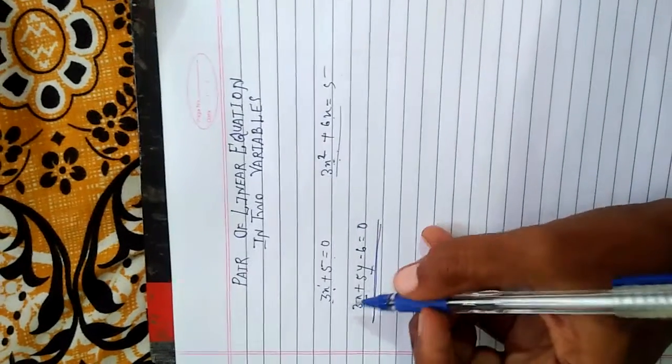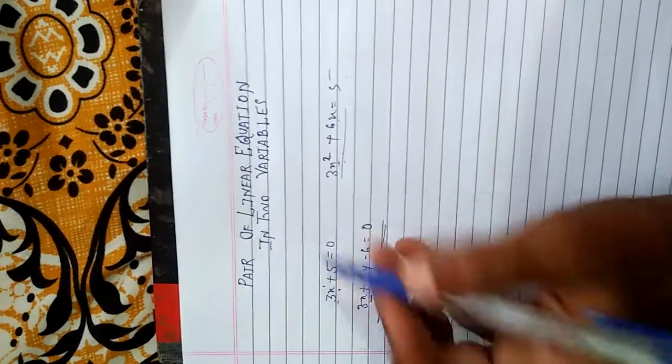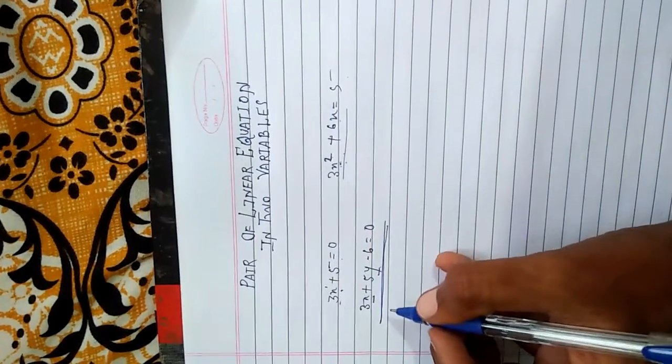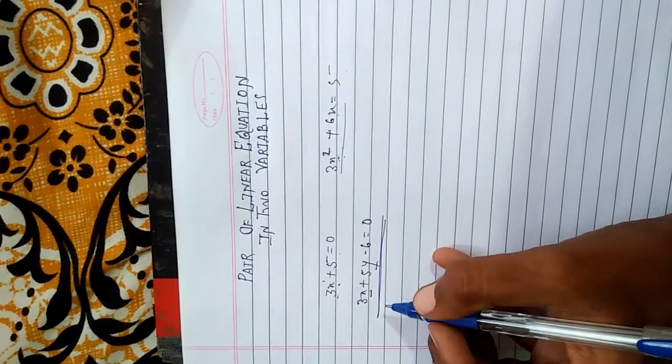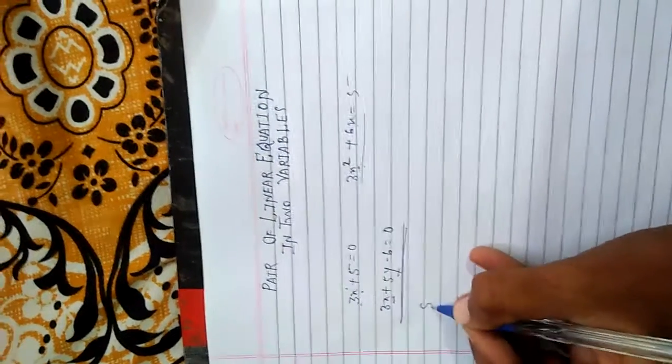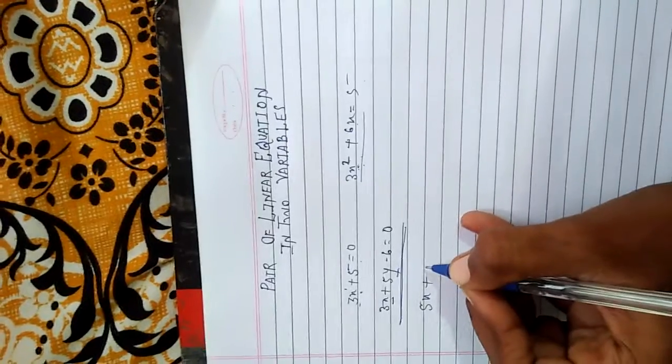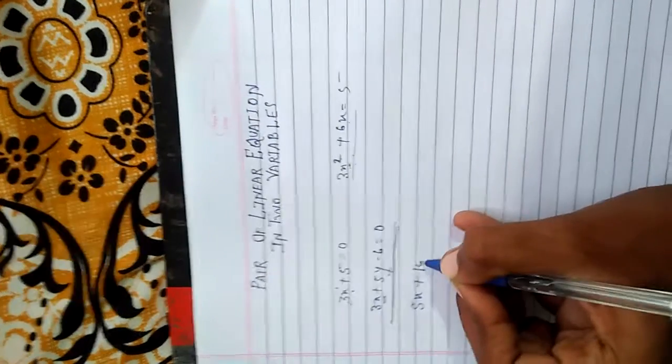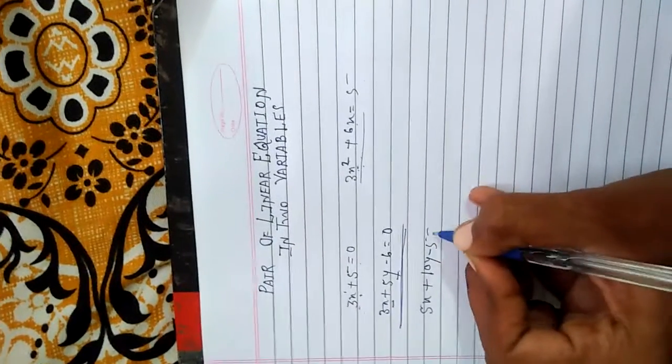Now, in this chapter, what is a pair of linear equations? In a pair of linear equations, we are given two equations, like let's say 5x plus 10y minus 5 equals 0.